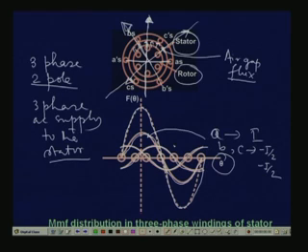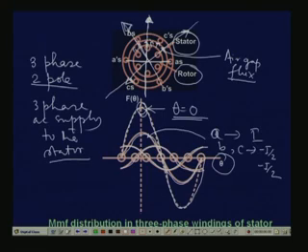Now what happens with respect to time is that right now this MMF has a peak at theta equal to 0, but as time passes, this peak will actually change. So actually, the result of driving 3 sinusoidal currents into these 3 phases of the stator is that you have an MMF which is rotating on the stator.